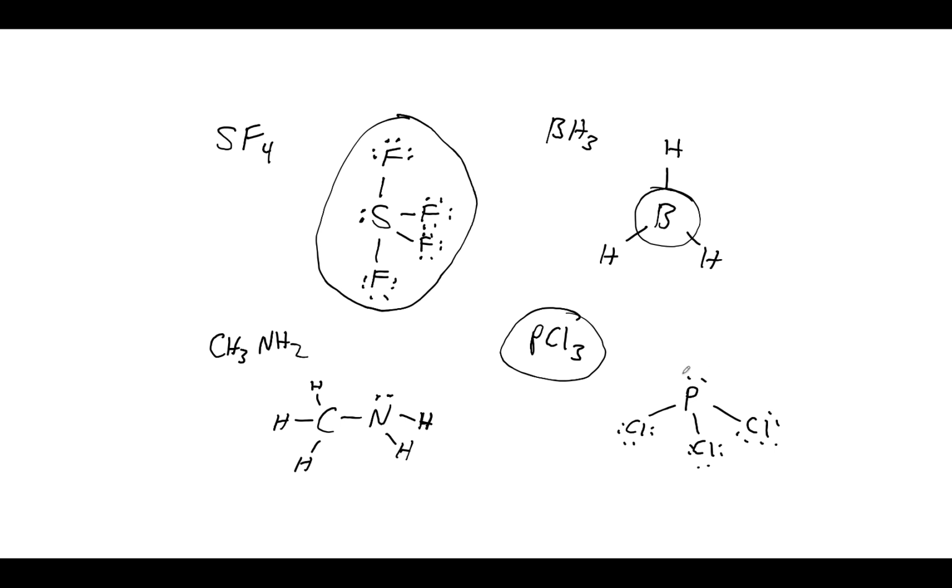Now keep in mind that phosphorus can expand its octet, and it does so in the case of something like PCl5, right? But in this case, there was no need to. And in fact, expanding the octet would actually compromise the formal charge, make the phosphorus have a negative formal charge, and would make the terminal chlorine have a positive formal charge, which is just absurd. So the answer here is just SF4 is the only one that will require an expanded octet, and that is answer choice A in this case. Right.